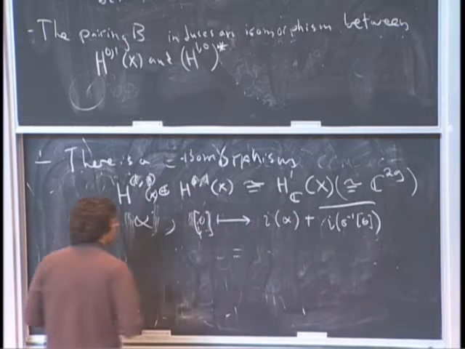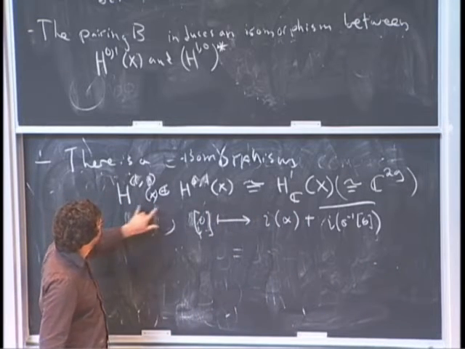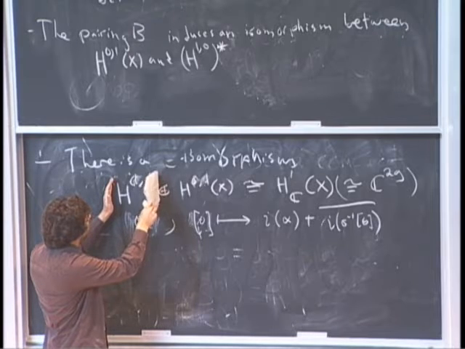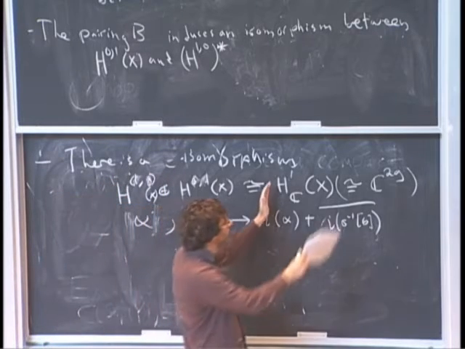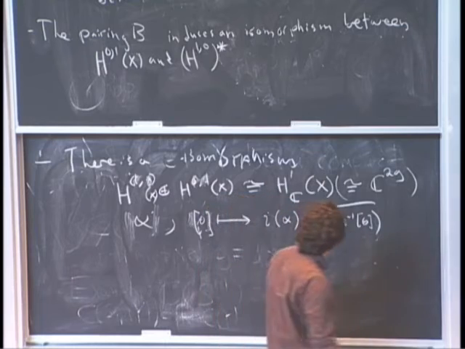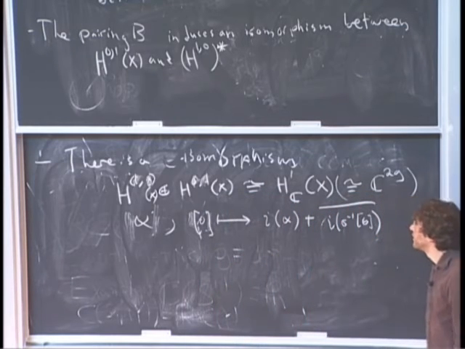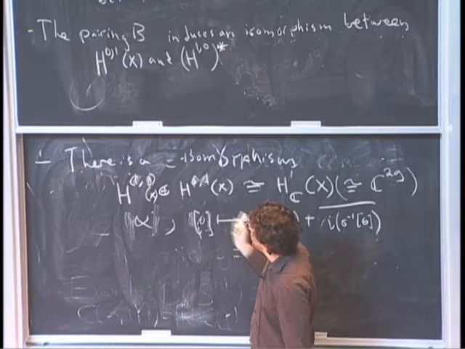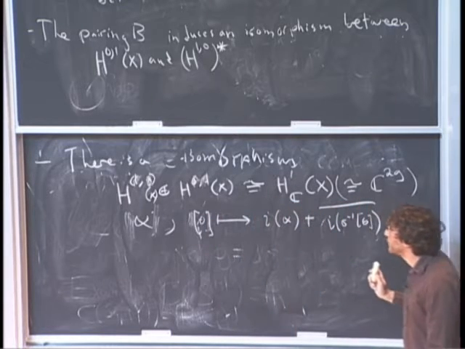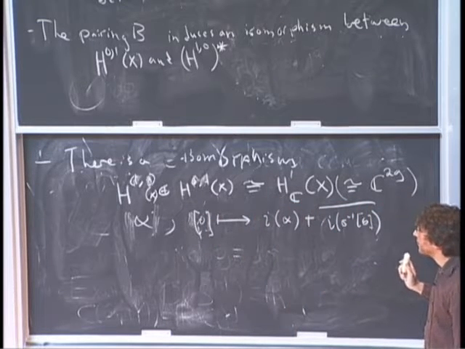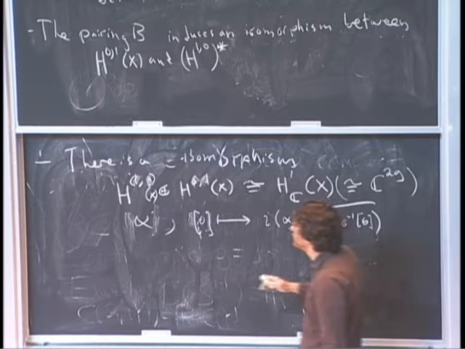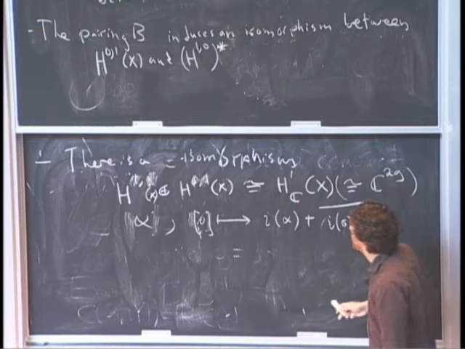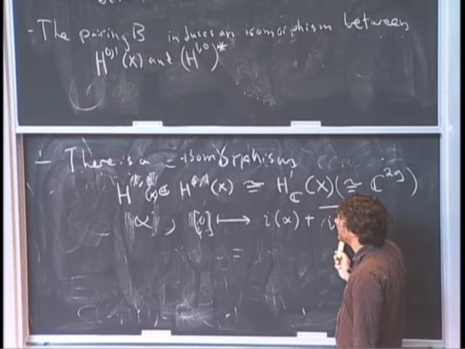What this says is that the complex dimension of this is G, and it's entirely determined by the underlying topology. This is, though, where you should see that the complex structure does enter into the story, because here we have this identification.